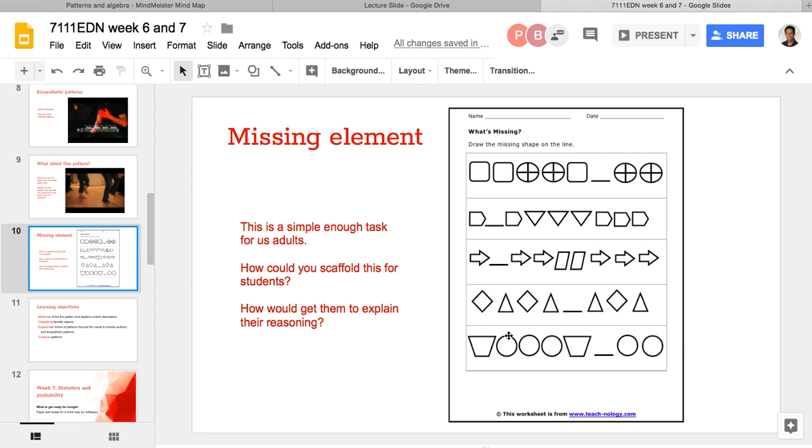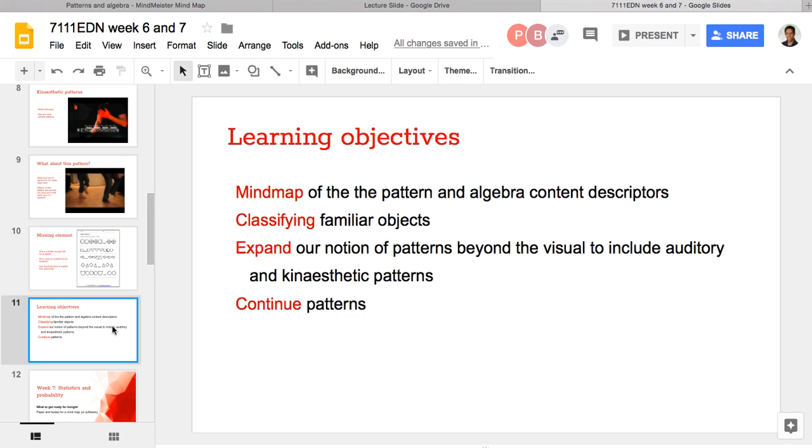So trapezium, circle, circle, circle, trapezium, circle, circle. Can you see how, when you say the pattern out loud, it makes the task infinitely easier for your students? And that's what we want. We want to lower the bar to allow students to fully engage in these activities, okay?